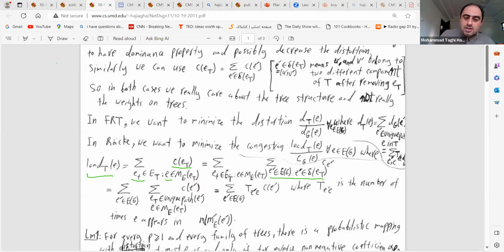Now, you can actually change the order of this summation or the indices there. And you say that for each E prime belonging to E of G, if ET is the unique path corresponding to E prime and E belongs to this path, then just sum up C of E prime. This turns essentially into this equation. This is actually an interesting thing.